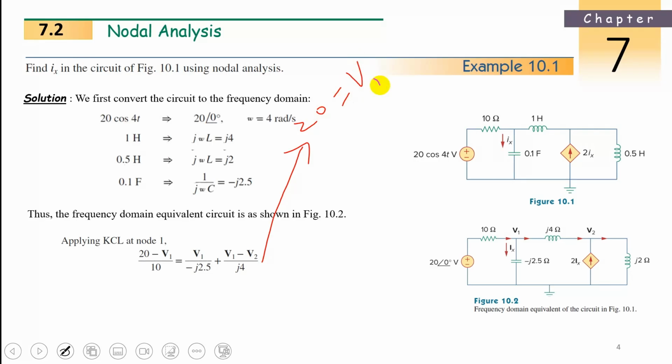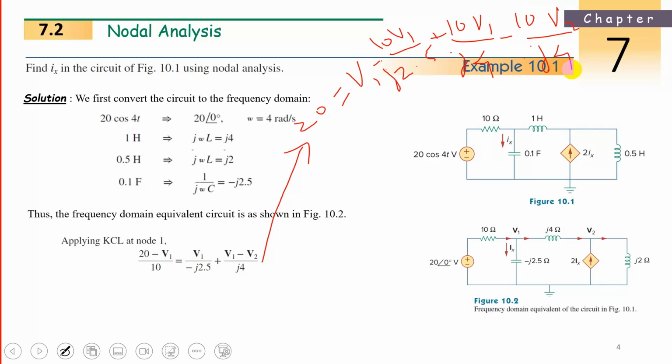So V1, and minus 10 V1 divided by j2.5, next plus 10 V1 divided by j4, next minus 10 V2 divided by j4.